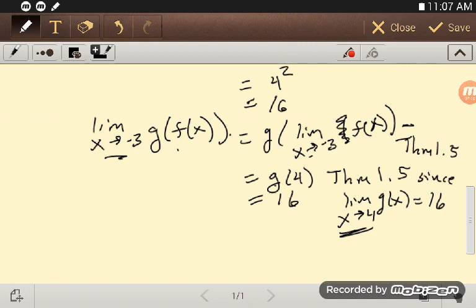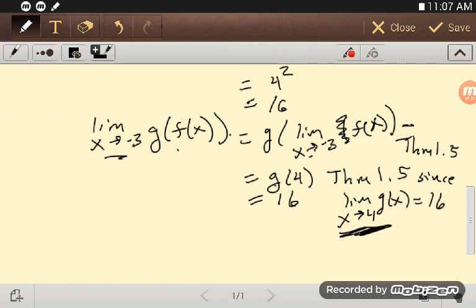Well, as long as I realize that the limit as x goes to 4 of g of x is 16. Okay, so you just want to be careful of those types of things.